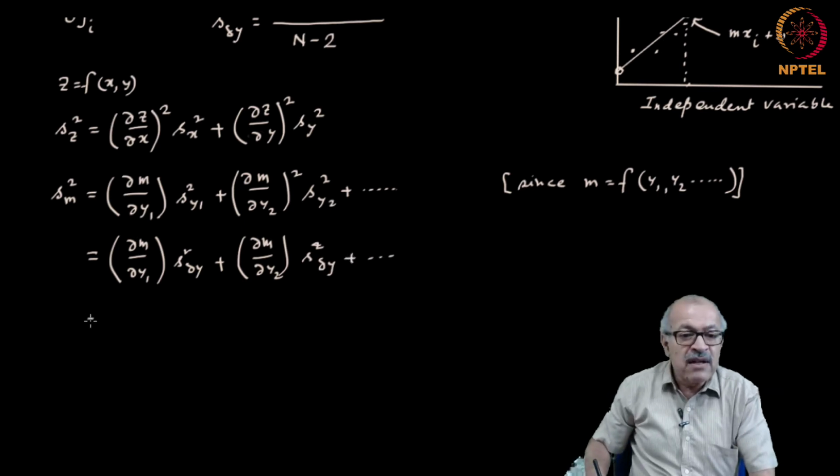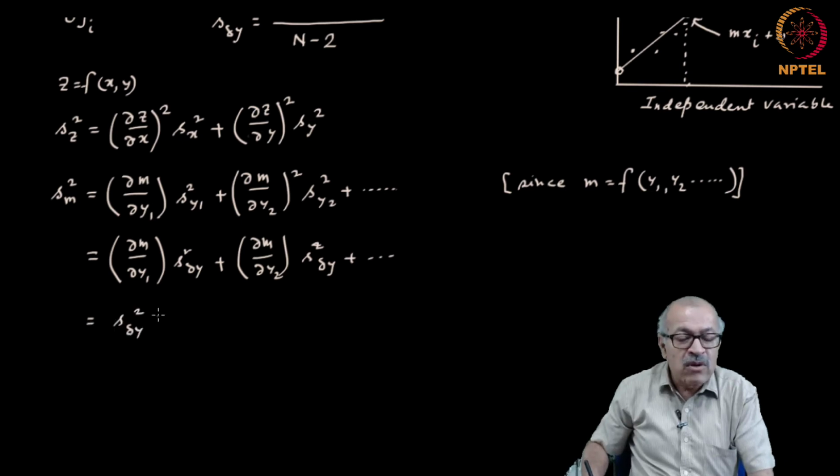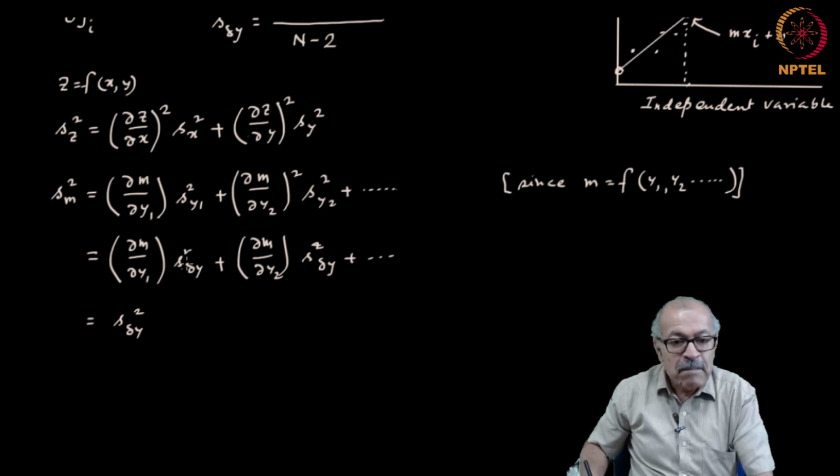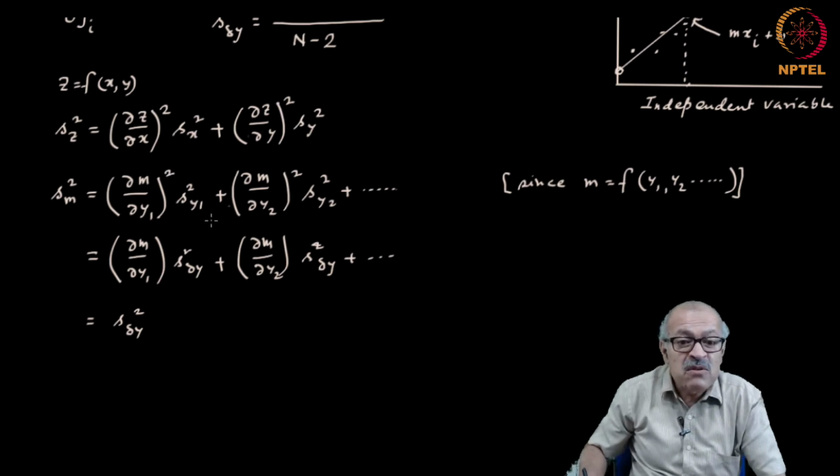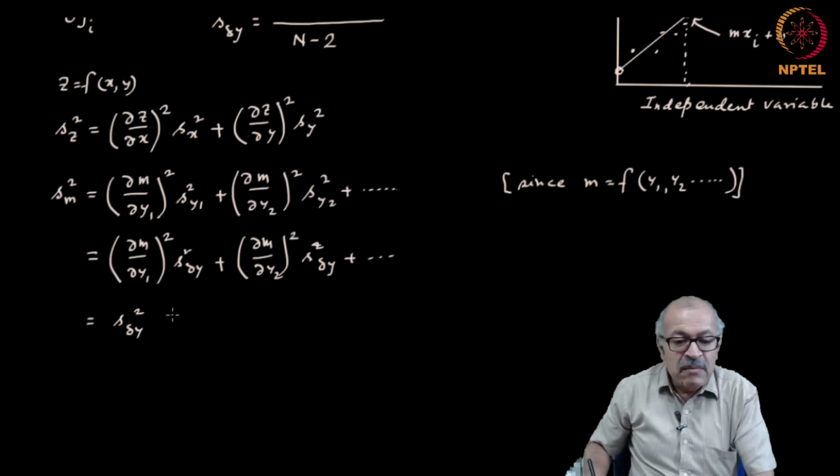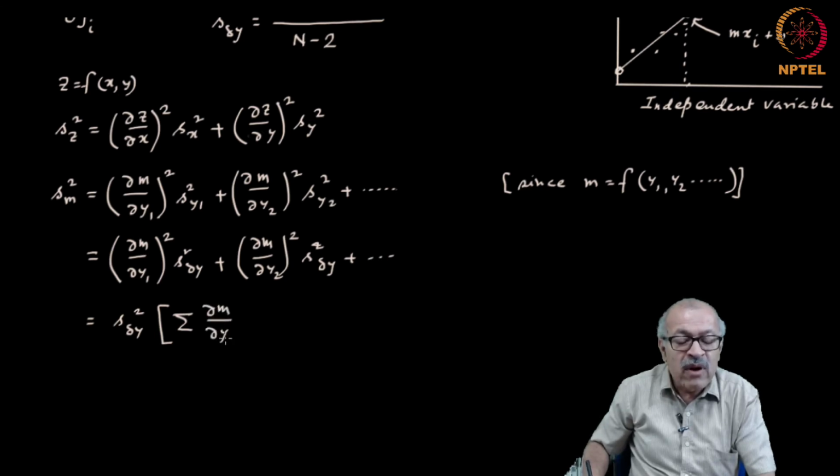So, effectively then we get s square delta y common, and what remains inside are all squares. Basically it is these individual ones, which can be written as the sum over k of delta M by delta y k, its square.